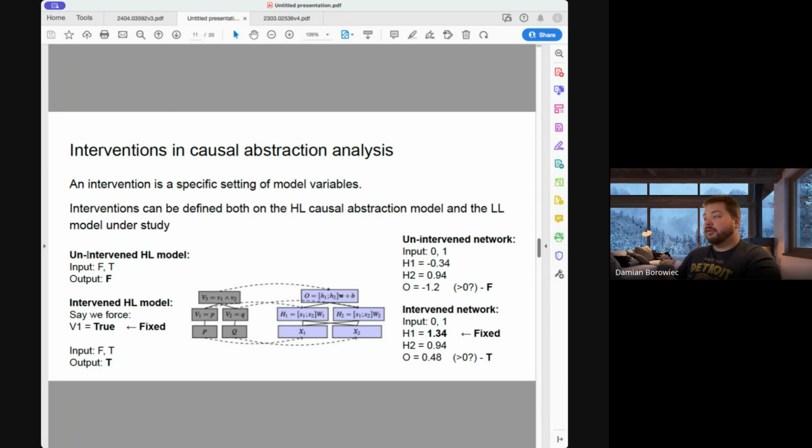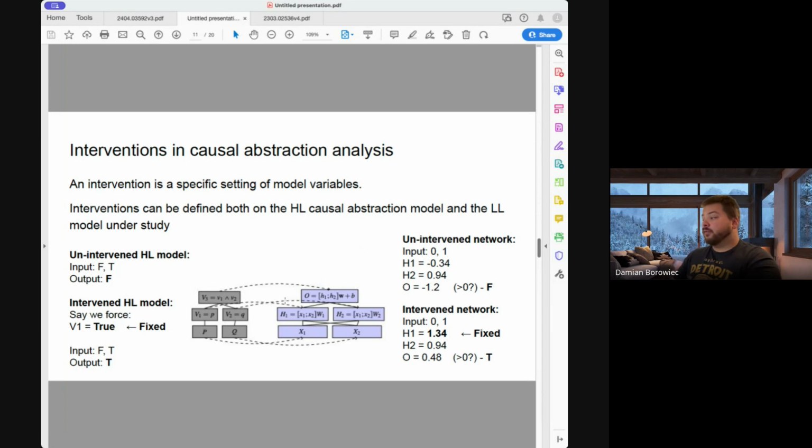Say we have an unintervened high-level causal model, and we have an input of false and true, and in this case, the output should be false. But we can intervene on this model, which means we could fix one of those variables of that model to true. Say we fixed v1 to true. That would mean then that the same input would produce true instead of false. So it's an intervention on how that model operates.